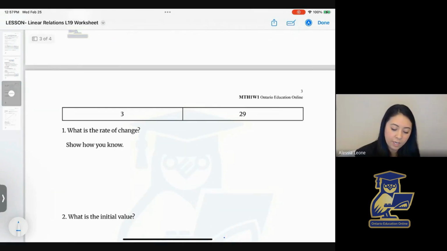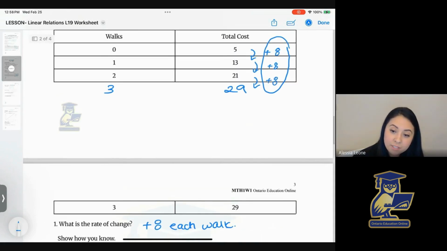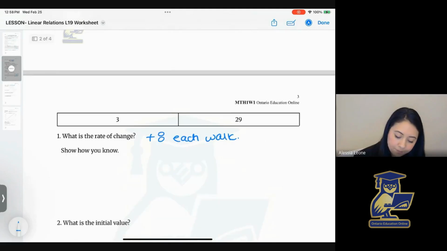What is the rate of change? So it's going up by 8 each walk. Show how you know. And we showed how we know by doing differences on our table.